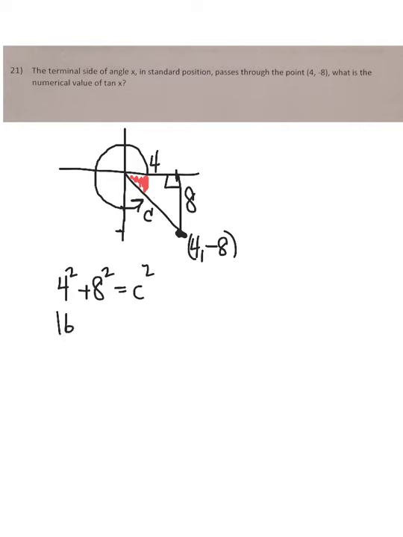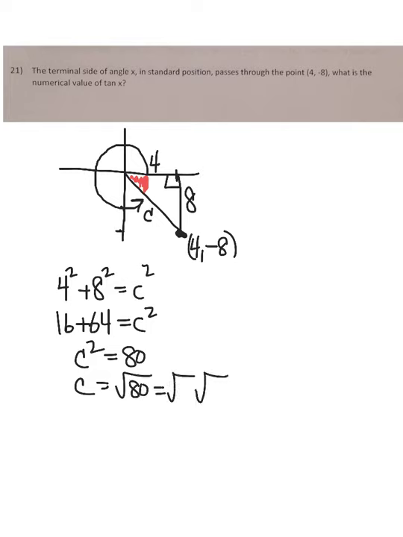That's 16 plus 64 equals c squared. So c squared is going to equal 80, so c will be the square root of 80. The square root of 80 can be broken down to 16 and 5, so c is equal to 4 radical 5.